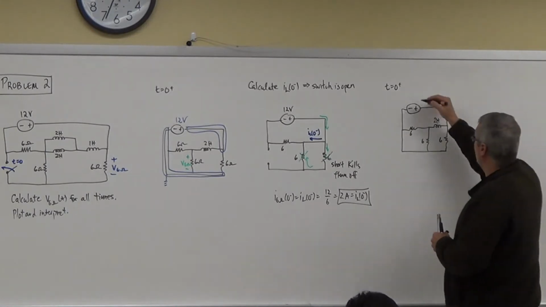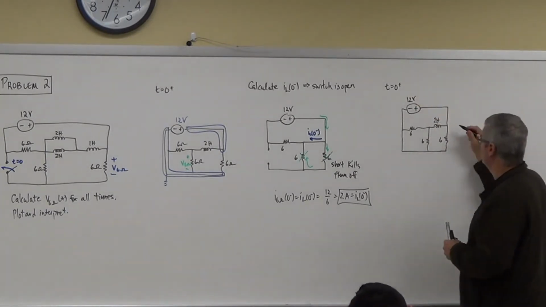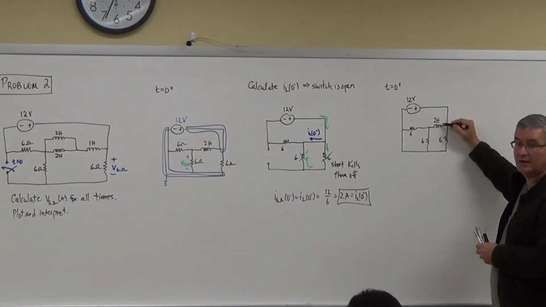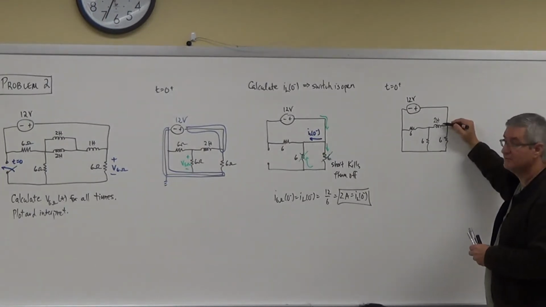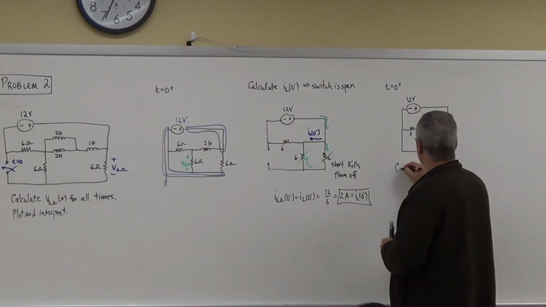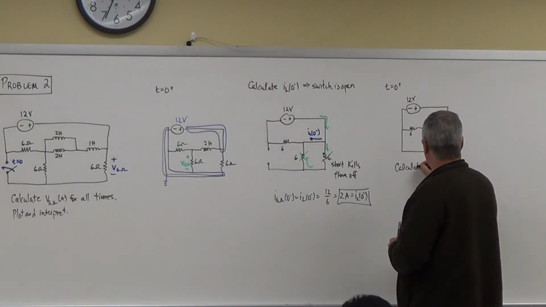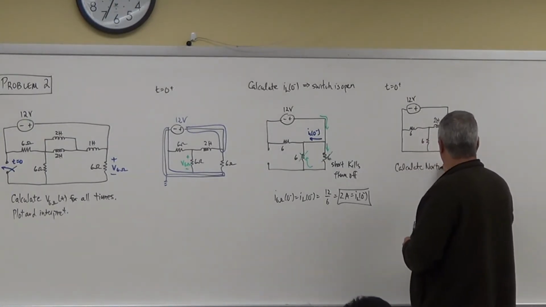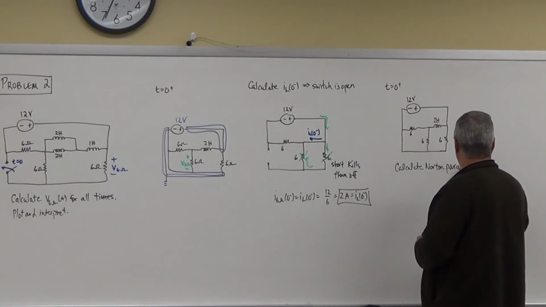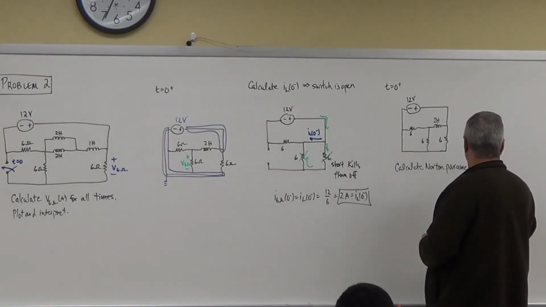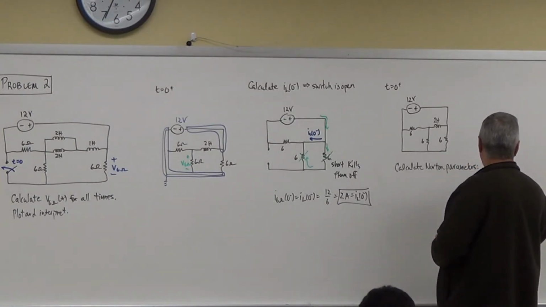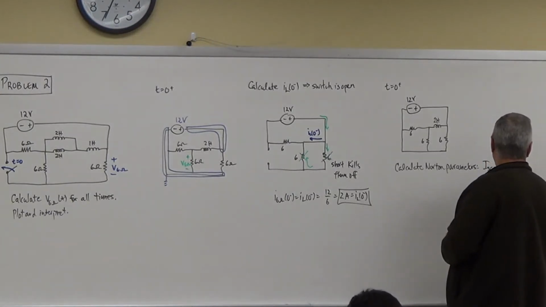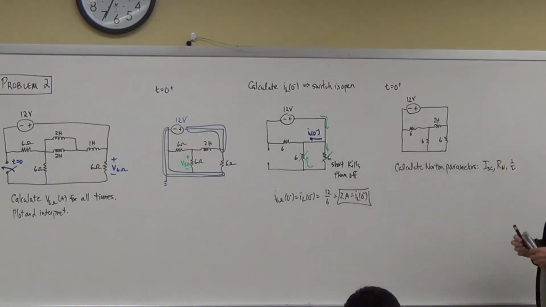Now my job here is to calculate the Norton parameters. And what are my Norton parameters? I've got to get I short circuit, I've got to get Rn, and I've got to get 1 over tau.